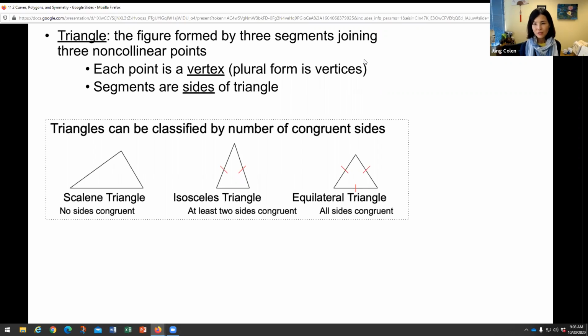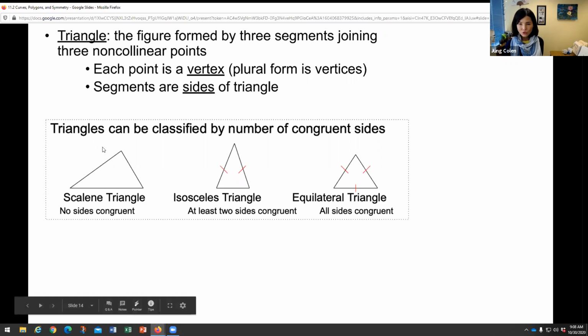So triangles can be classified by the number of congruent sides. There are different classifications too. We can classify triangles by the measurement of the angles too, but now we're gonna focus on the sides of the triangle. Like this triangle, there are no congruent sides. All of these 3 sides have different lengths.